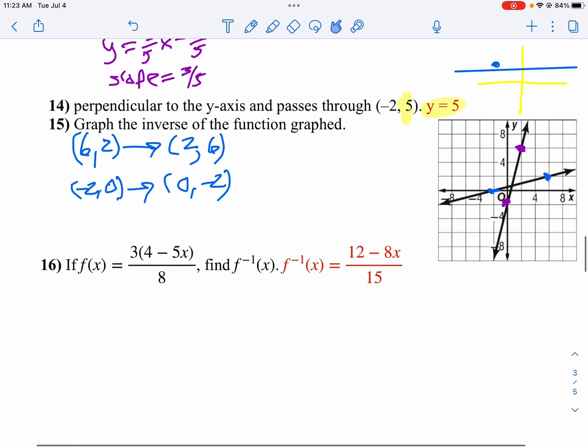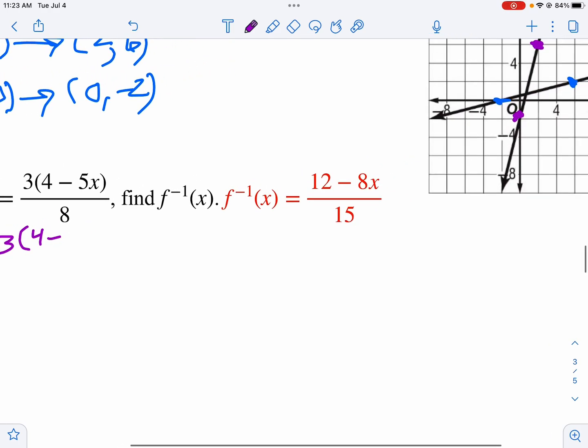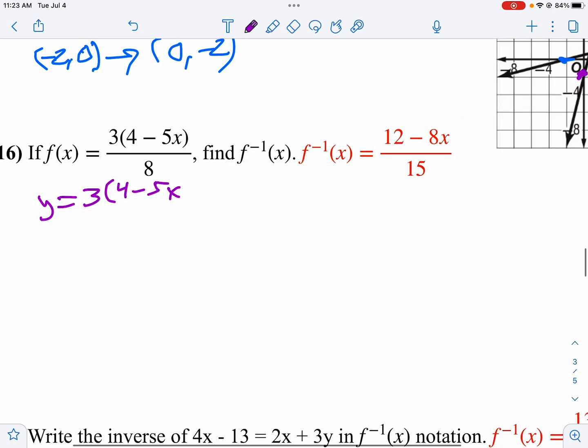On number 16, remember, when you're finding the inverse of a function, the first thing I do is write it with y instead of f of x. It just makes it simpler. So y equals 3 times 4 minus 5x, all over 8.